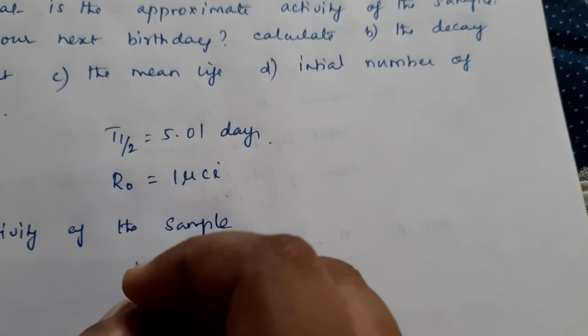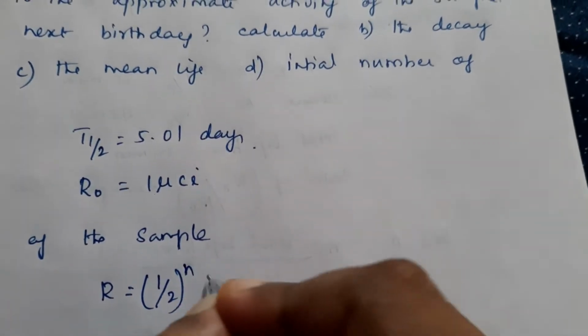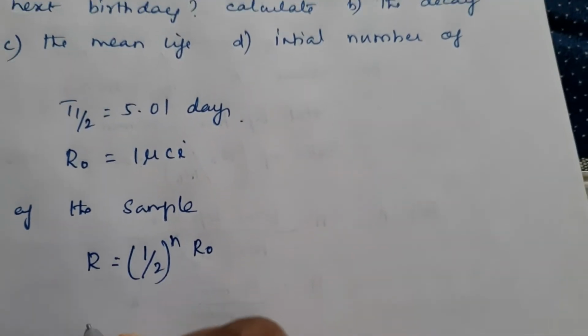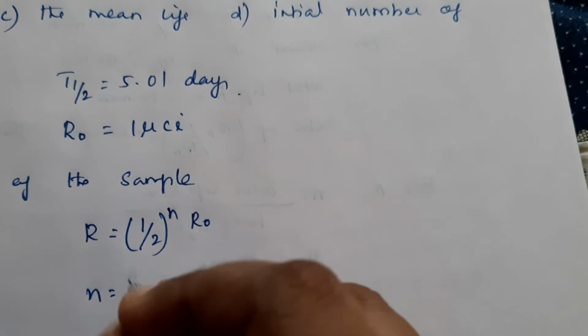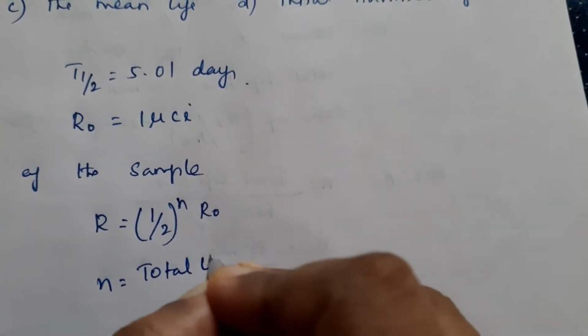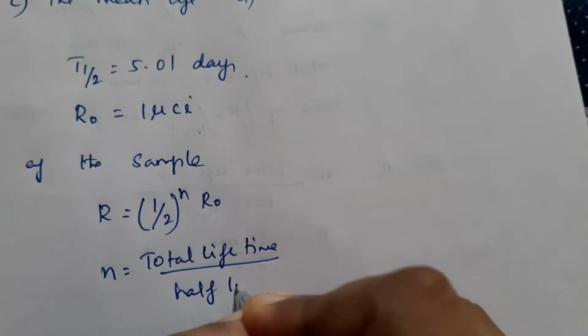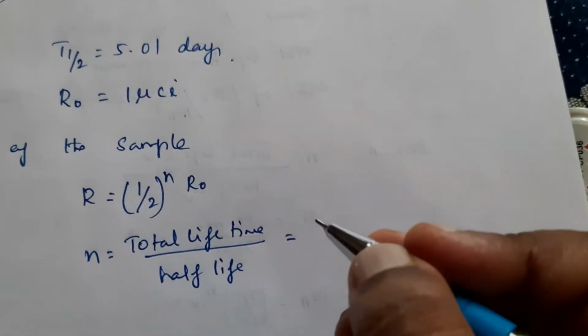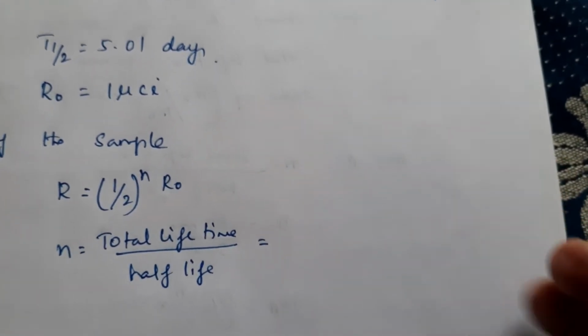So what is the formula? R is equal to (1/2)^n into R0. First we'll go for calculating n. n is the total lifetime divided by the half-life. So what is your total life? In the next birthday you have to calculate.